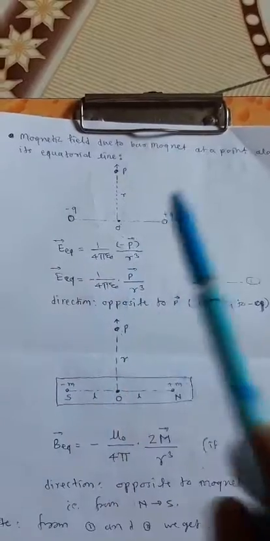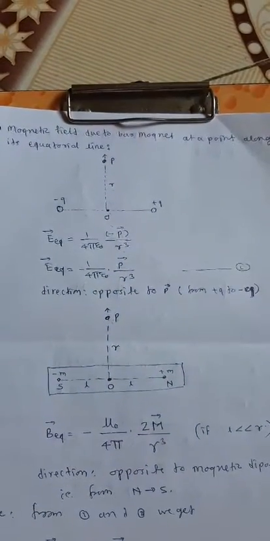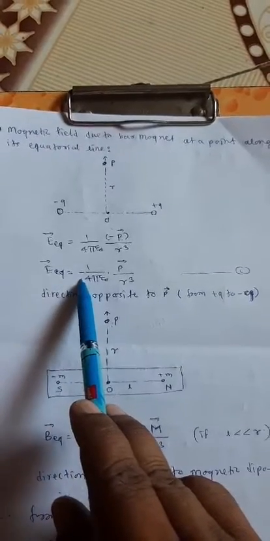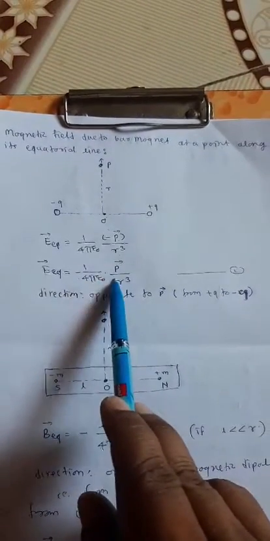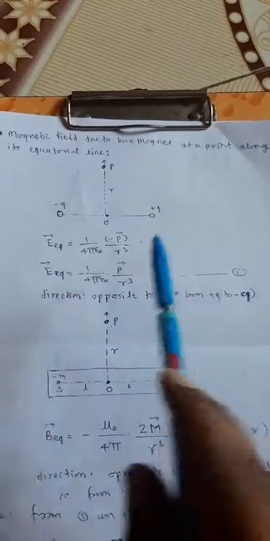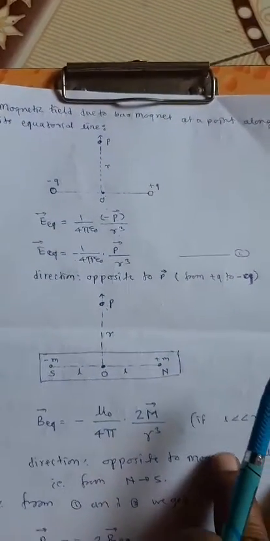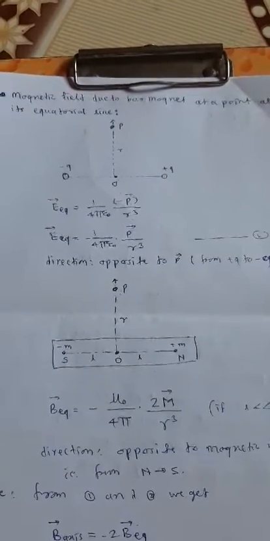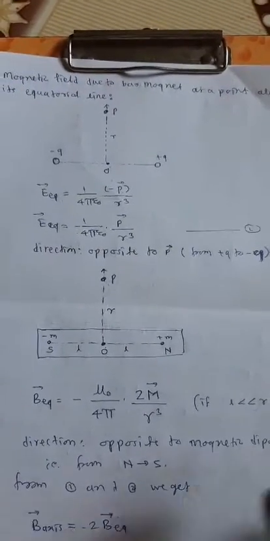The negative sign indicates that the directions of E equatorial and P are opposite to each other. Therefore, this can be written as E equatorial is equal to minus 1 upon 4 pi epsilon naught, P divided by r cube, where P is the electric dipole moment and the direction is opposite to P, from plus Q to minus Q.